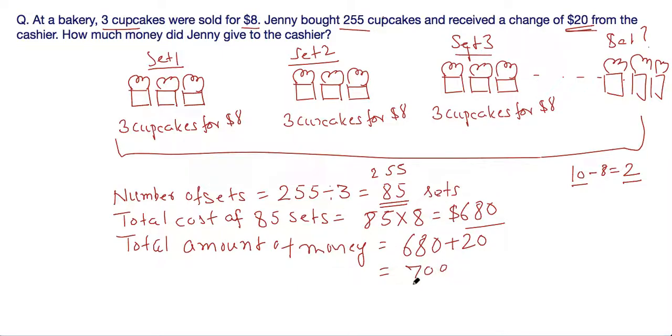So it's $700. She has given the cashier $700, and that's why the cashier has subtracted the amount 680, which was the cost of 255 cupcakes, and returned her the change of $20. So basically the answer for this question is Jenny has given the cashier $700.